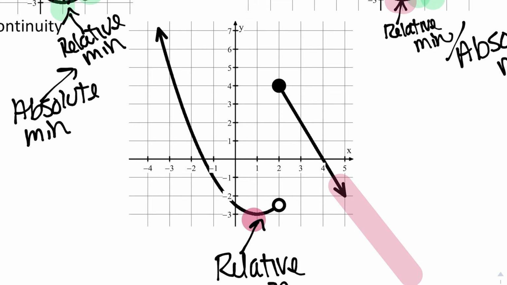And then up here, I have this point, which is a closed circle, and that is higher than the points directly to the left of it and directly to the right. It's not the highest overall because we're also going to positive infinity, but because it's higher than the points directly to the left or the right, it's a relative maximum.